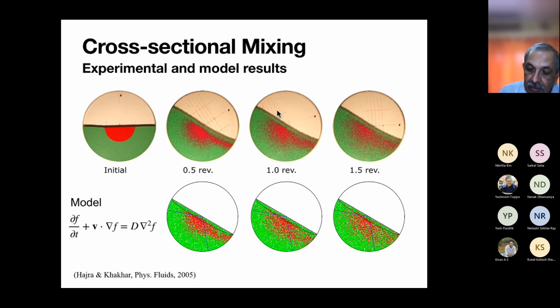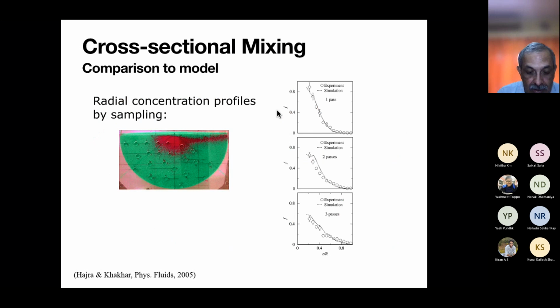And then, if you're not satisfied by just looking at it and saying qualitatively that the match is quite good, then you can actually measure the concentration profiles. Here, what we have done is that you take off the top plate and then you put in a plate with many holes in it. And then you can measure the concentration as a function of the radial distance.